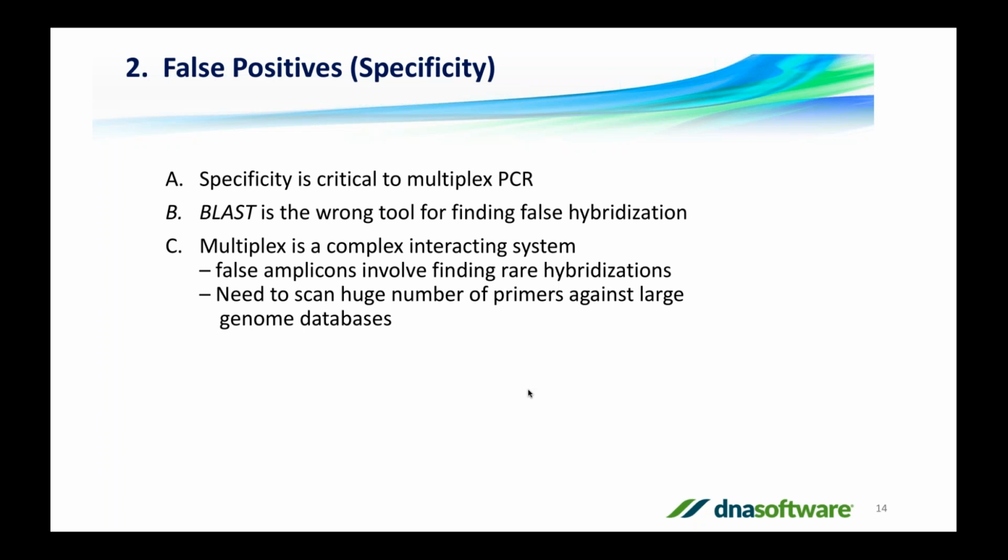False amplicons can involve rare hybridization reactions and weak hybridization reactions, not perfect matches, but hybridizations that involve mismatches or even bulges in them. And a tool like BLAST just is not up to that task. So what we need is a tool that can scan huge numbers of primers against large numbers of genome databases. And that is a challenging problem.